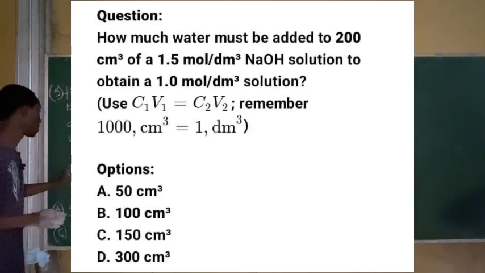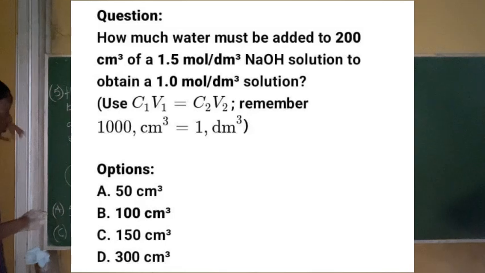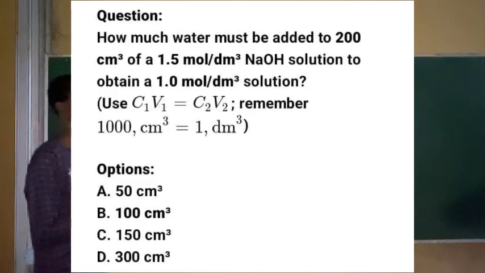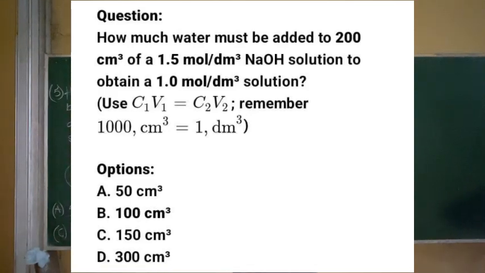They say use the formula C1V1 is equal to C2V2, and also remember that 1000 cm cube is equal to 1 dm cube. Now these people have done us a very good favor by giving us these parameters. Option A, we have 50 cm cube, B, 100 cm cube, C, 150 cm cube, and D, 300 cm cube.